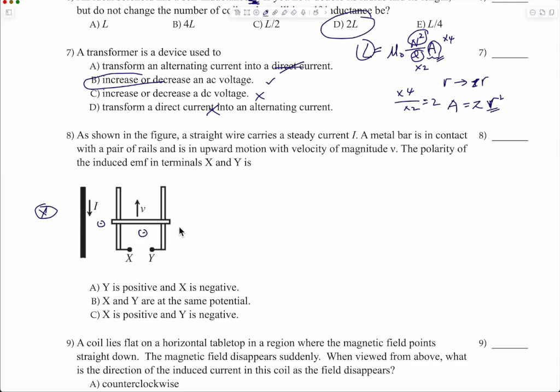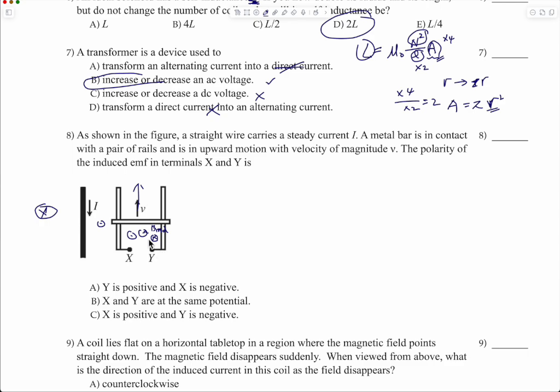The field here comes out of the screen, and this guy is moving up, which means flux increases. So the changing flux is in this direction. The induced magnetic field will be opposite to the changing flux, so it gets into the screen.